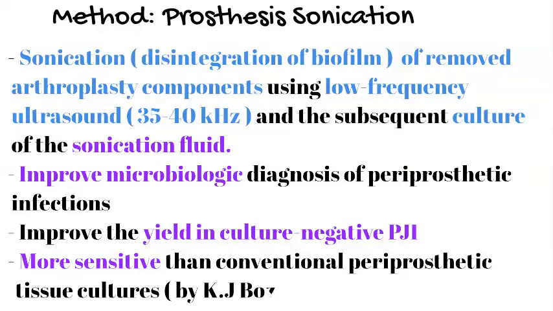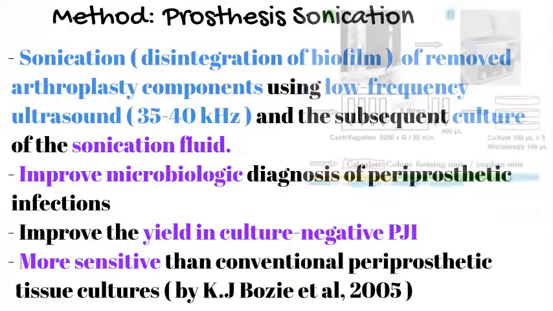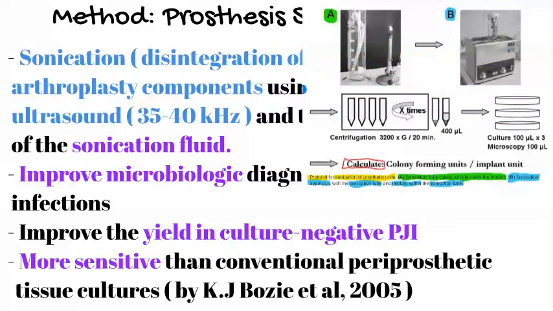It improved the microbiologic diagnosis of periprosthetic infection. It improved the yield in culture-negative PJI. It is more sensitive than conventional periprosthetic tissue cultures. It is a study done by K.J. Bozzi et al. 2005.